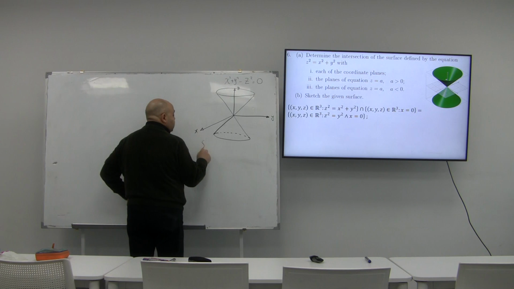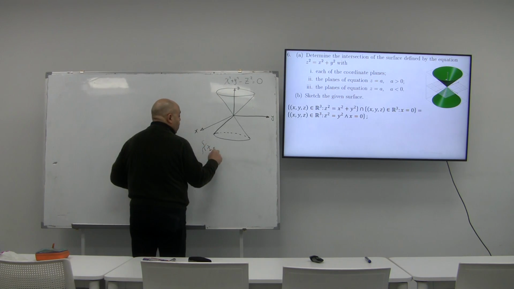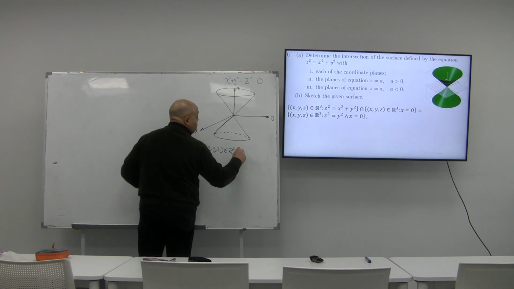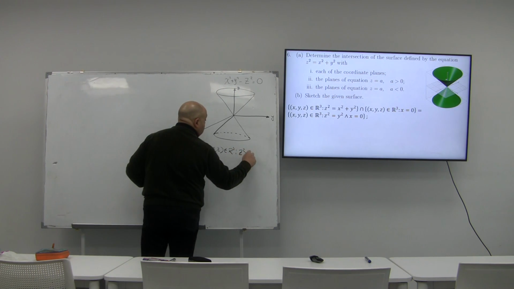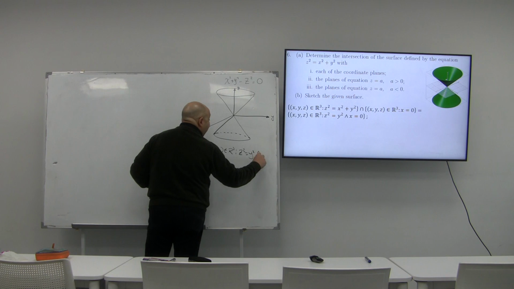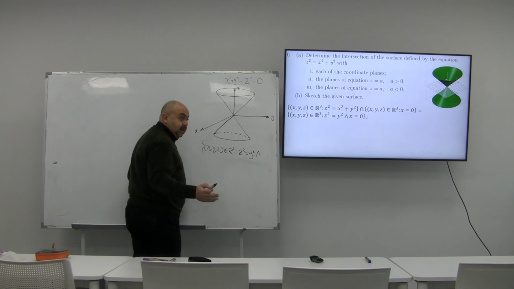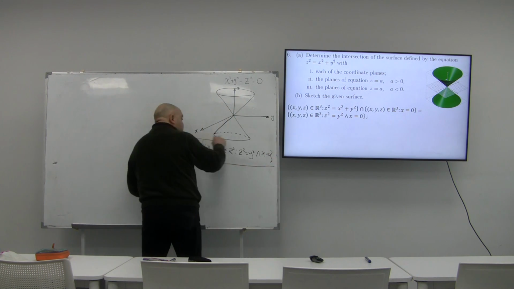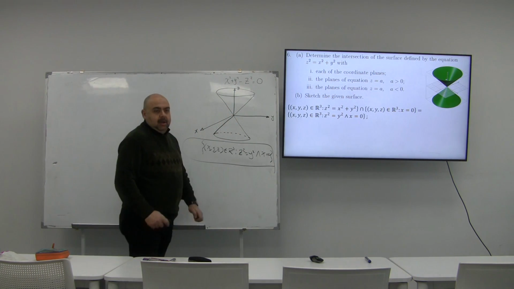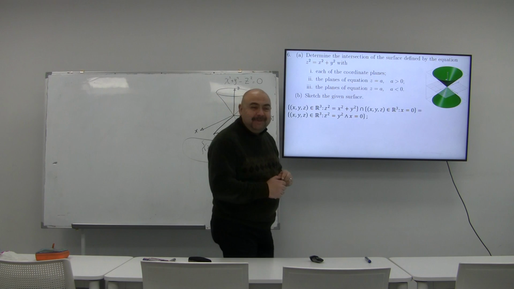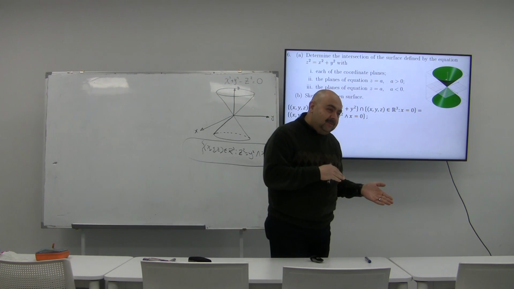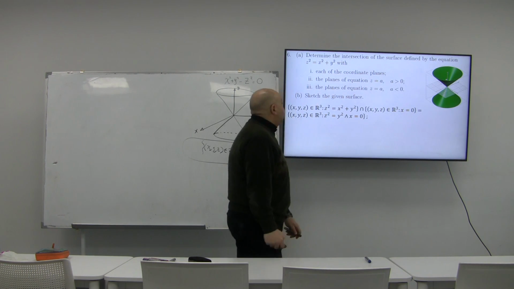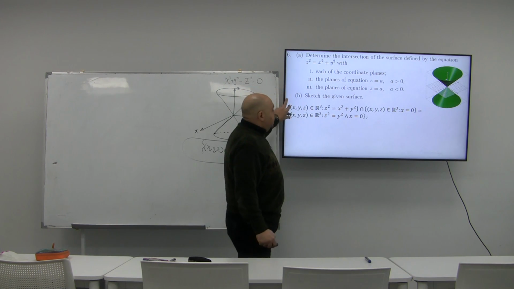It is the set of all points x, y, and z, which belongs to R cube such that z square equal y square and, as you know, x equal to 0. This is the set governing this vector space, or sub-vector space, we can say. Sub-vector space. Okay? More than perfect.